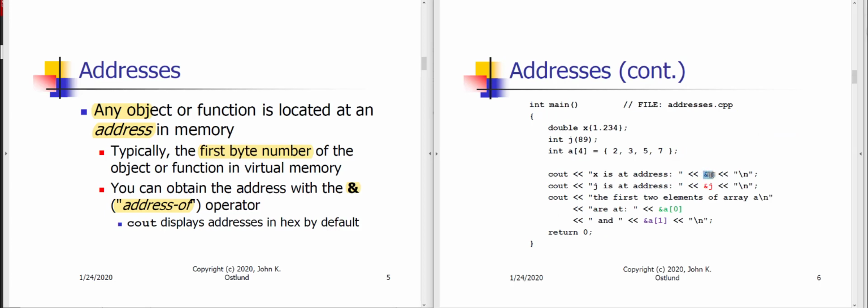So here, in slide 6, we're putting an ampersand in front of x. X is a double object initialized with this value 1.234. So ampersand x gives me the address of x. Specifically, that's going to be the address of the first byte of that 8-byte object x. And when I display that using cout, cout by default will display that as a hexadecimal number, a base 16 number. So let's take a look at what's going on with this program here on slide 6.